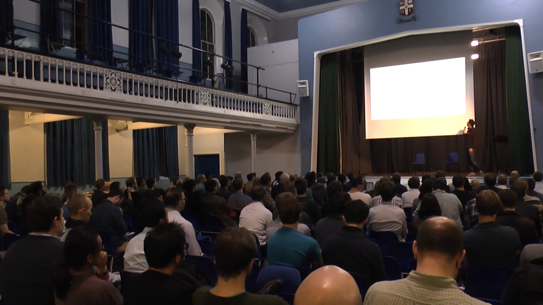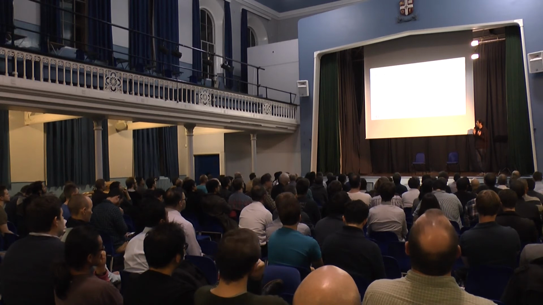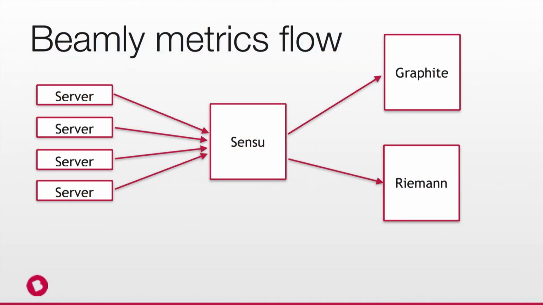All right, so at Beamly, the way we've rolled out Riemann is all of our servers are sending metrics to our Sensu instance, and what we're doing is we're sending stuff to our Graphite server. The metrics are being persisted, and we're also sending a single copy of every metric to Riemann.